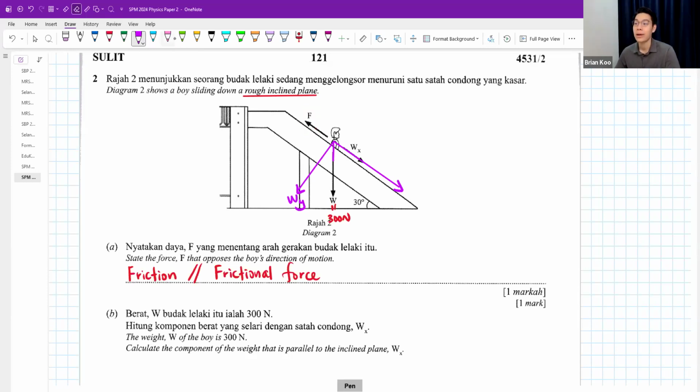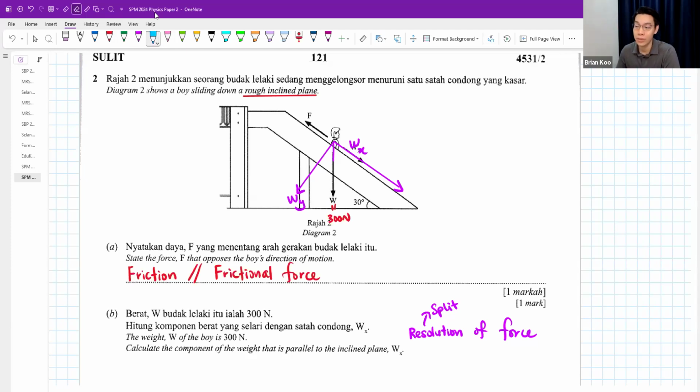This is called resolution of force, by the way, where you are trying to split the force into two components. One of the components is the one that is parallel to the plane, Wx, and the other is Wy, like this.